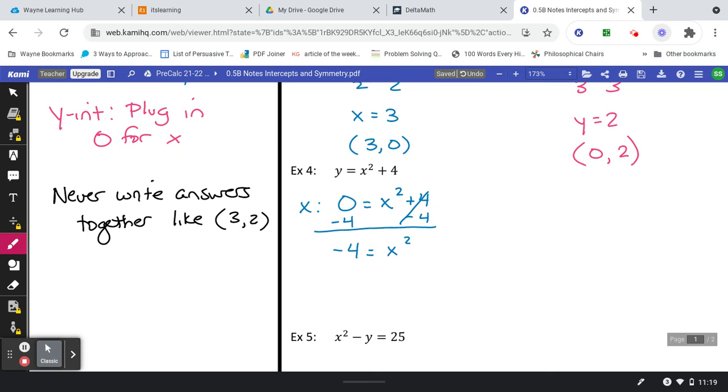Now I need to get x by itself, so I'll square root. And I am not allowed to take the square root of a negative number. If you do in your calculator, it's going to get you an error message. So we're going to say none. And let's write a little note here: can't square root negatives.